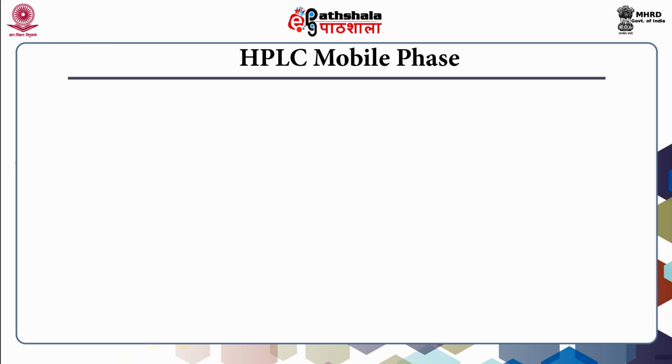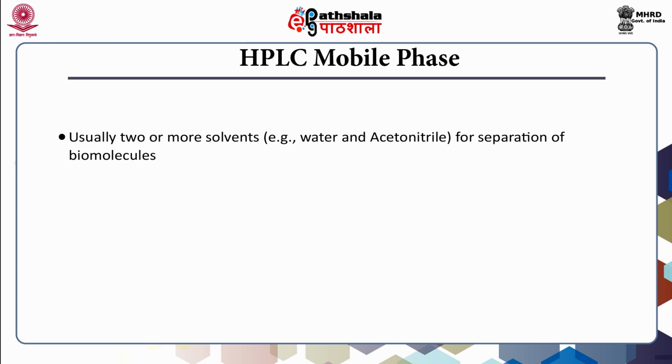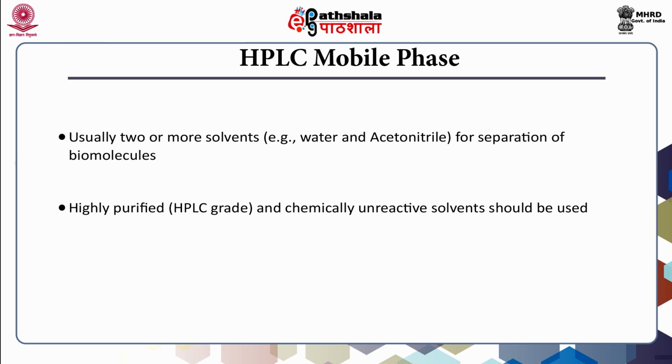HPLC mobile phase usually comprises two or more solvents, such as water and acetonitrile, for the separation of biomolecules. These solvents should be highly purified and chemically unreactive. Why?